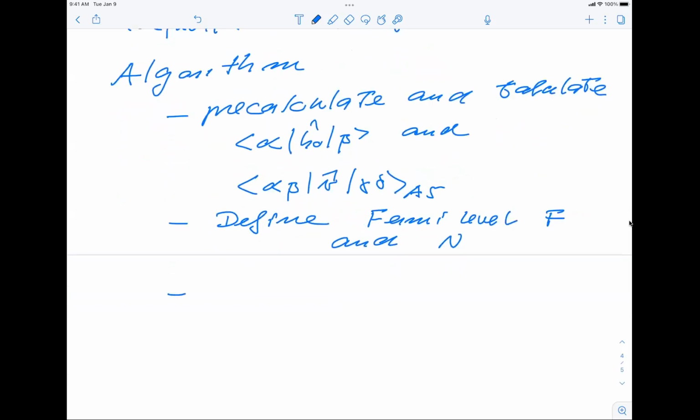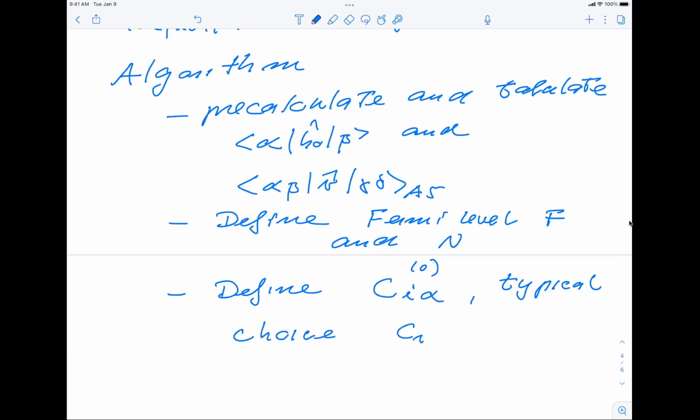You also need to define these coefficients Ci alpha, and we're going to put a 0 here. The standard choice for the first iteration is that you have Ci alpha of 0 equal to delta I alpha. So just a diagonal element.